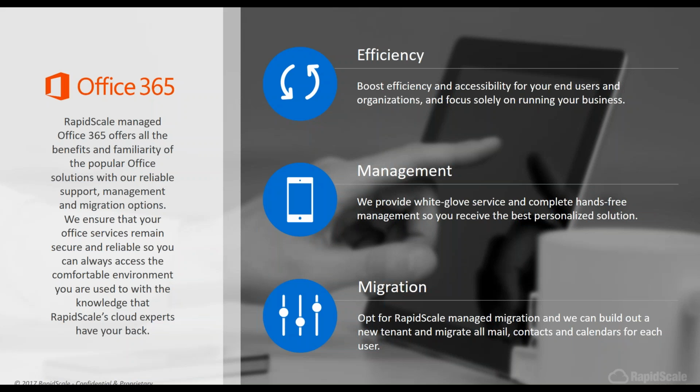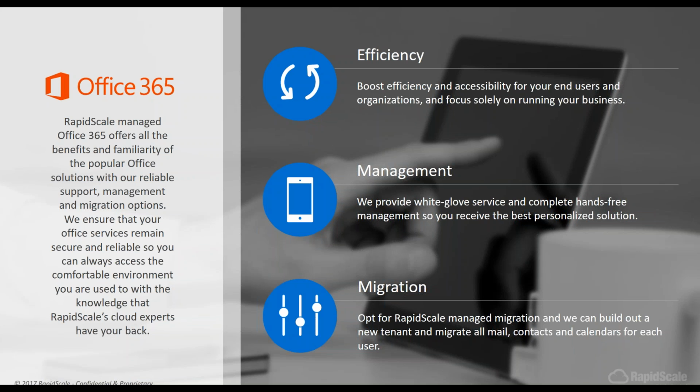There are a lot of advantages to going through a service provider like RapidScale for Office 365 licensing as opposed to going direct. More flexibility. We're able to mix and match licensing, and again, we'll manage that experience for the end user. So we'll manage the Office 365 tenant.